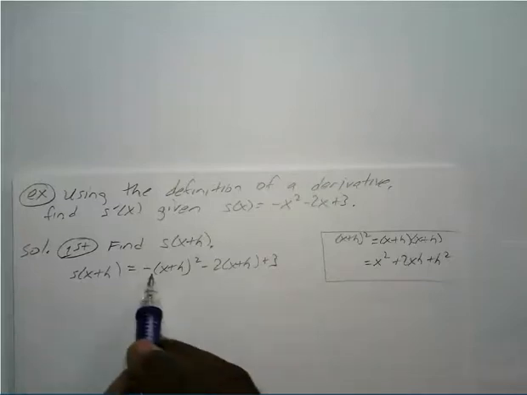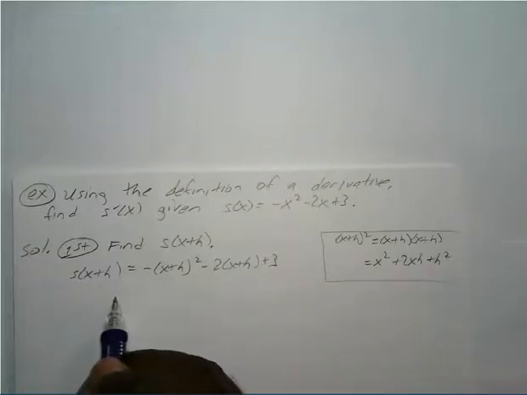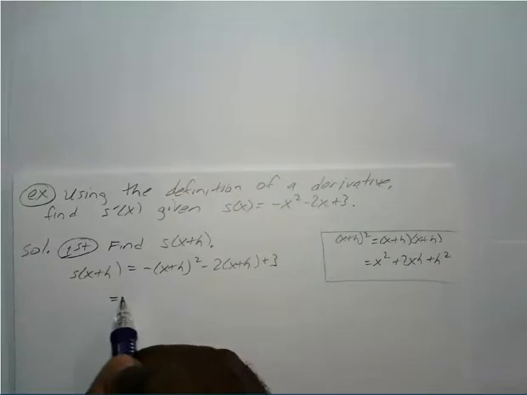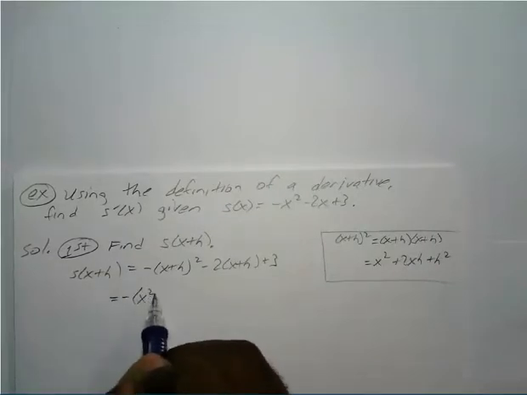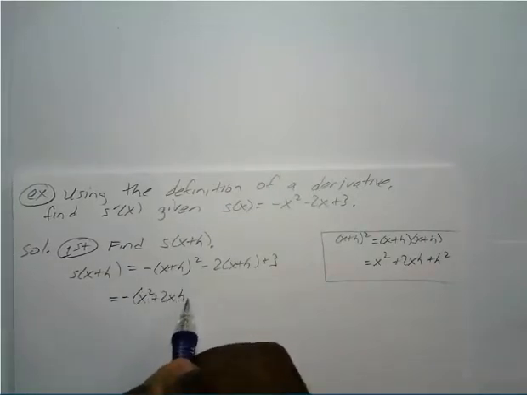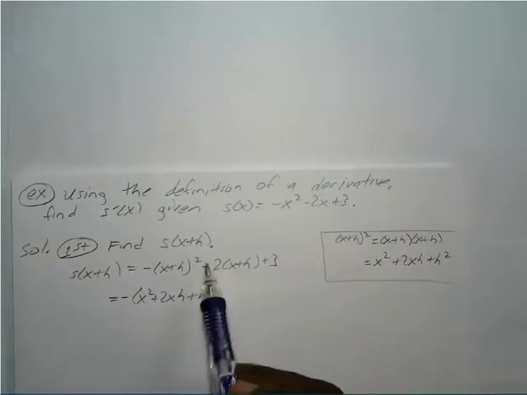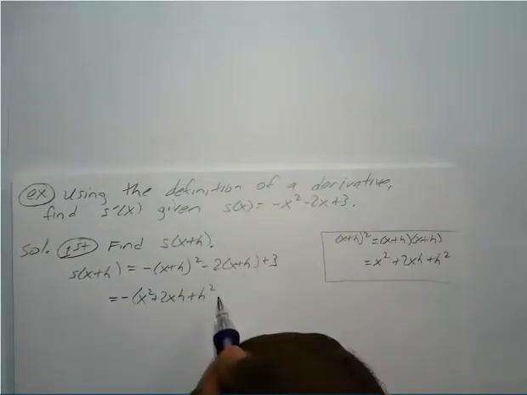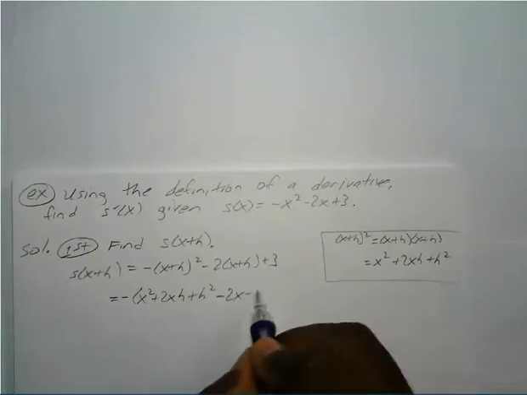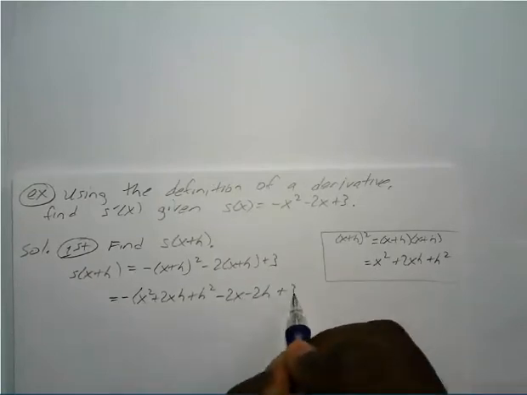So we have equals negative x squared plus 2xh plus h squared, and we're going to distribute that negative 2. So it's minus 2x minus 2h plus 3.